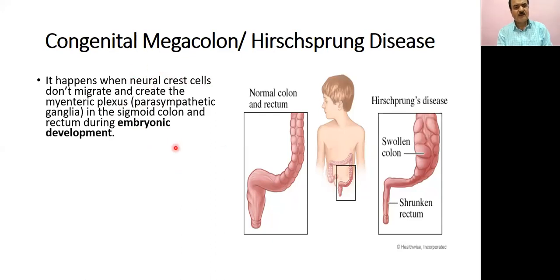Neural crest cells give rise to a variety of structures. One of them is the myenteric plexus. This myenteric plexus is lacking in some persons, and they develop what is called Hirschsprung's disease or congenital megacolon.